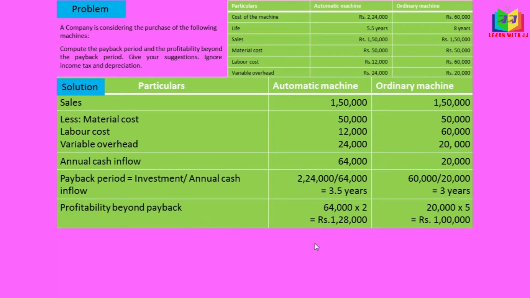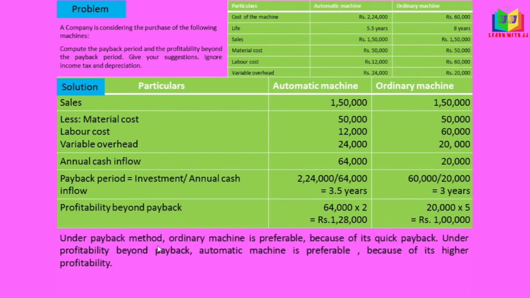So we have to write the conclusion. That is, under payback method, ordinary machine is preferable. See, this is 3.5 and this is 3 years. This gives the faster payback, because of its quick payback, that is 3 years. Under profitability beyond payback, automatic machine is preferable.